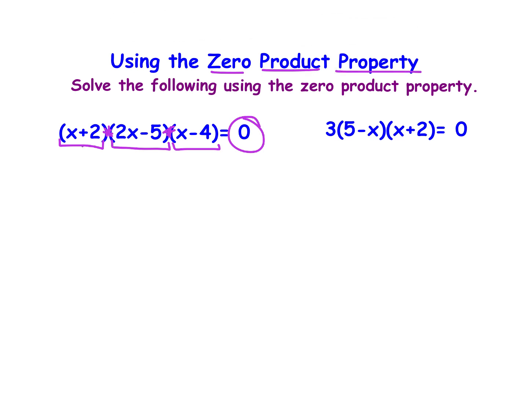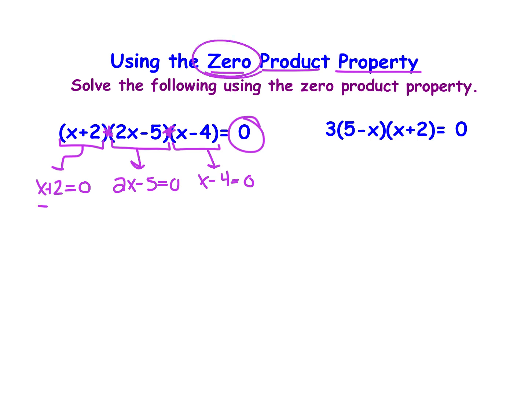And as a result, we go through the same process. We just simply set all 3 items equal to 0. And we figure out what makes each one of them equal 0, because we could have either one of those 3 things equal 0, and the whole product would equal 0.